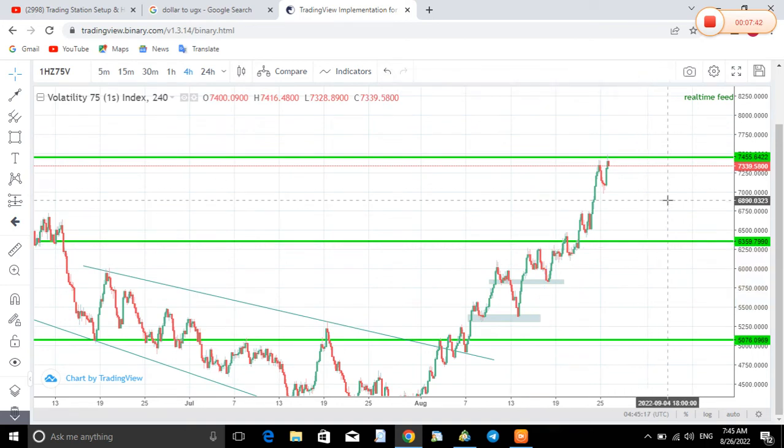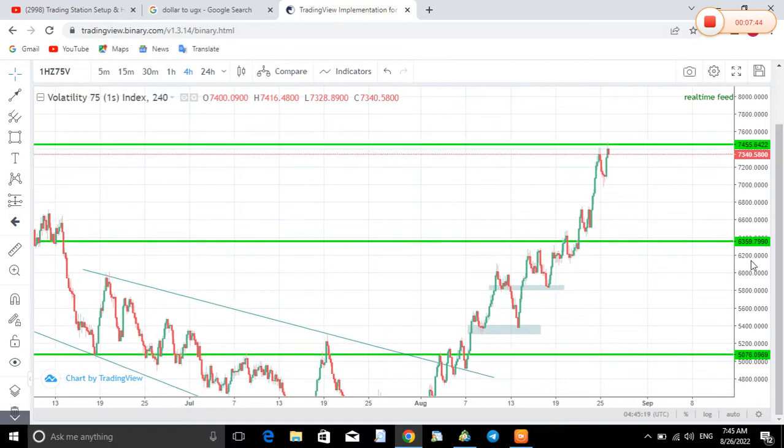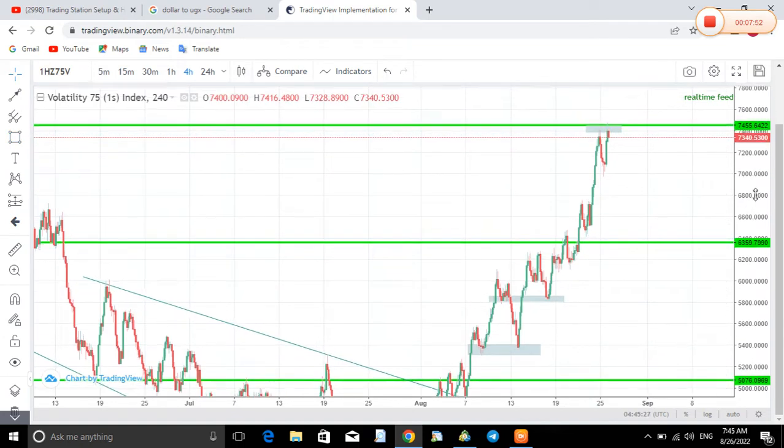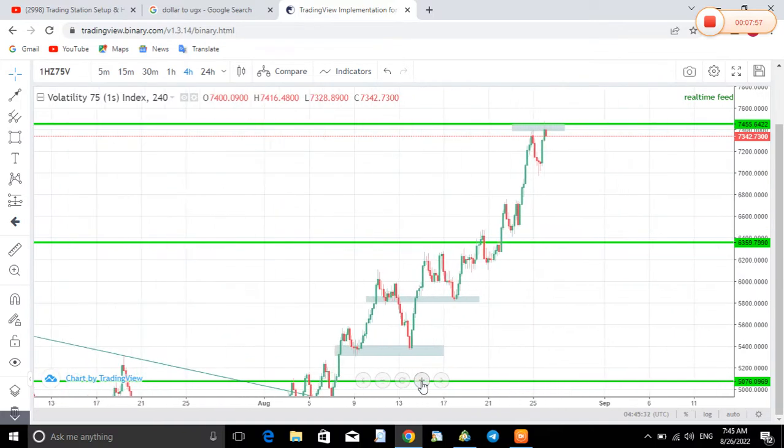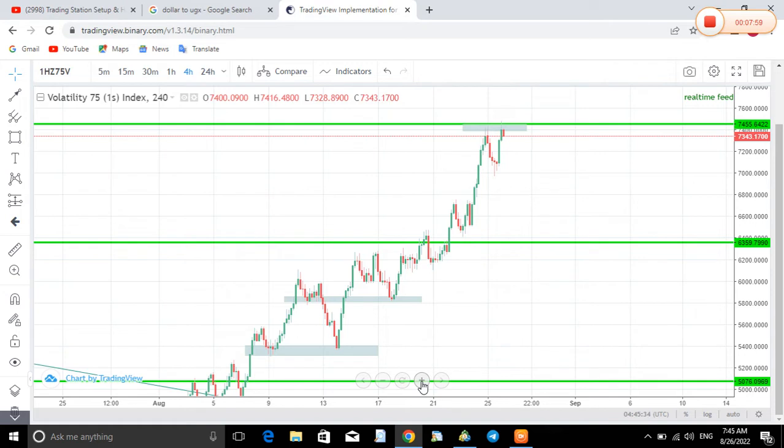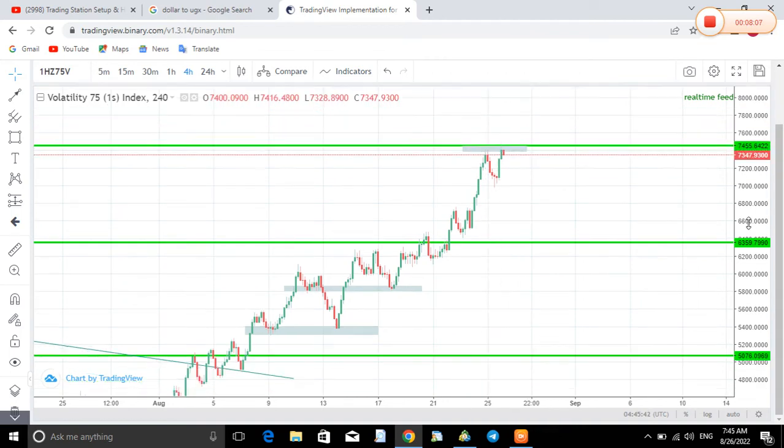Now the same case at the moment, we spotted a double top here, double top formation. We waited for the candlestick pattern on the hour 4, but the candlestick pattern which was formed didn't give a lot of confirmation, but at least we had a weak rejection on this resistance horizontal line of ours.